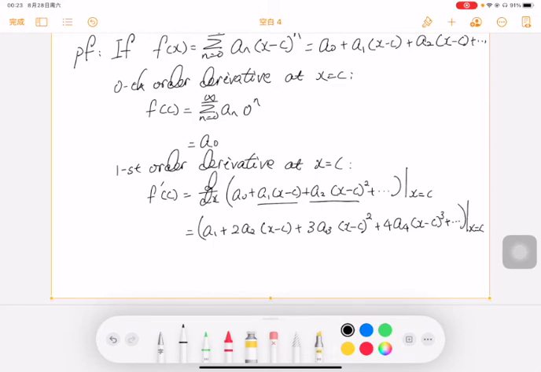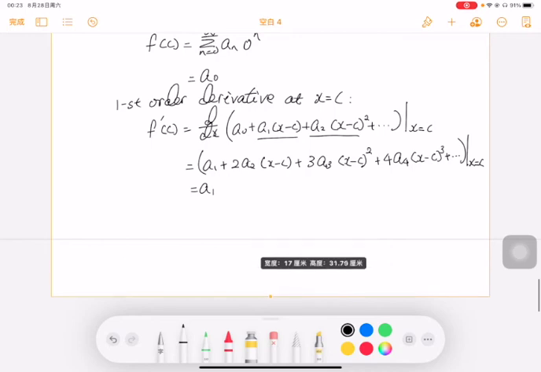Notice that since x minus c is involved in every single term starting from the second one, all of that equals 0. So we are only left with a1. That tells us a1 has to be f prime of c.